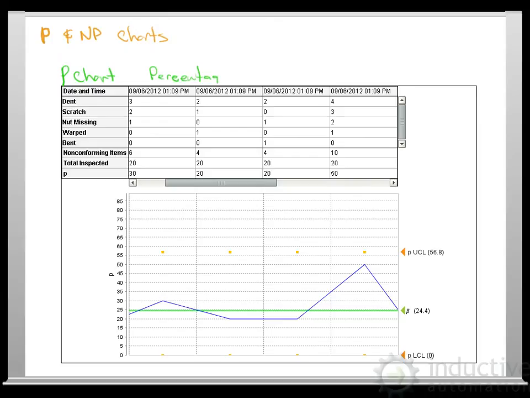Percentage of non-conforming items again. We see the same numbers here. So we have a column and we have the counts for each of our reasons, just like we saw in the NP chart. We see our total of 10.